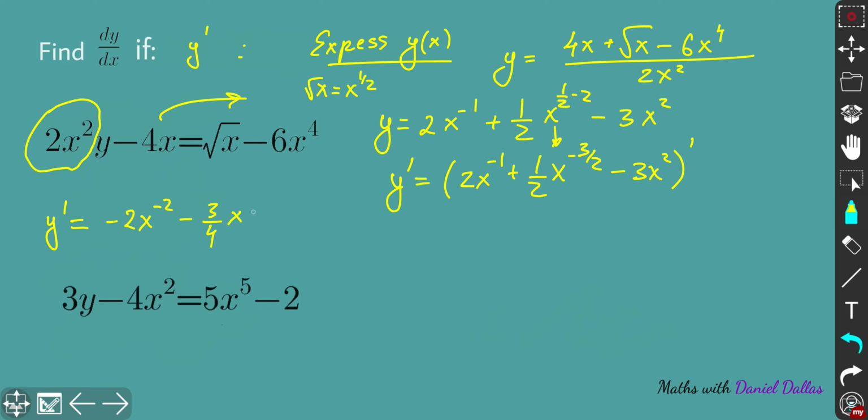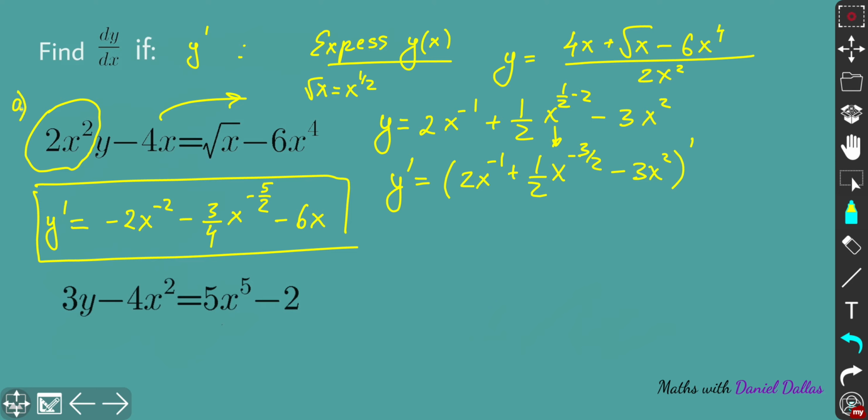And the power is going to be x negative 3 over 2 minus 1. So that's why minus 5 over 2. Yeah, every time just decrease the power by 1. And finally, we'll get negative 6x to the power 1. So that's your final expression for derivative in case A. Okay, so this is dy dx.